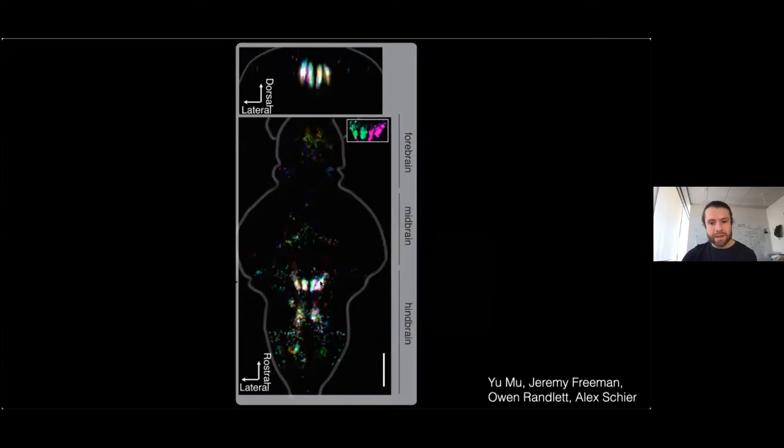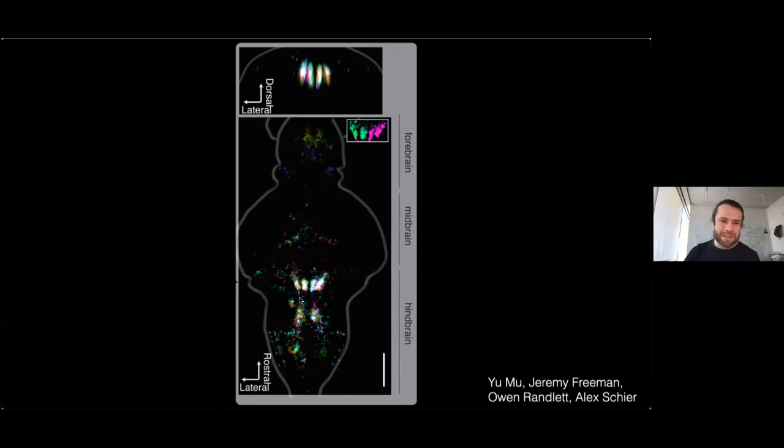So this we call the hindbrain oscillator. We originally called it the hindbrain oscillator when we were analyzing spontaneous brain activity, but without knowing behavior. After we also recorded behavior, we changed the name by suggestion of a reviewer to the ARTR, the anterior rhombencephalic turning region, which I kind of regret because it's an ugly name.